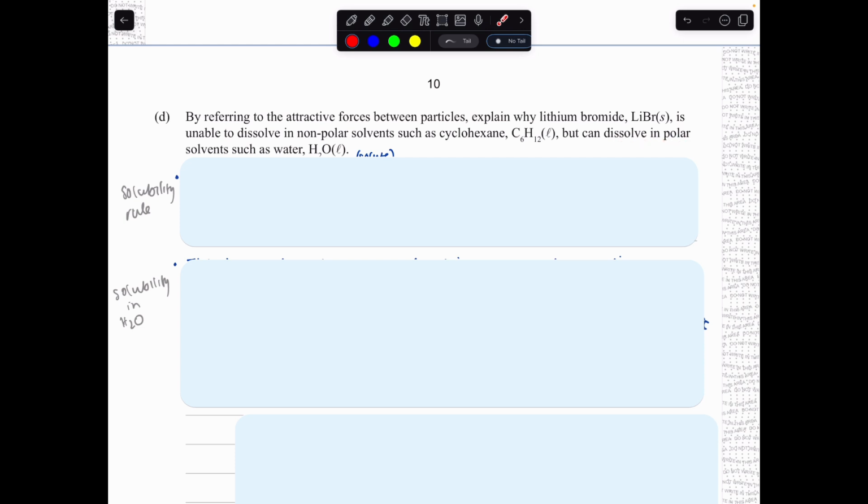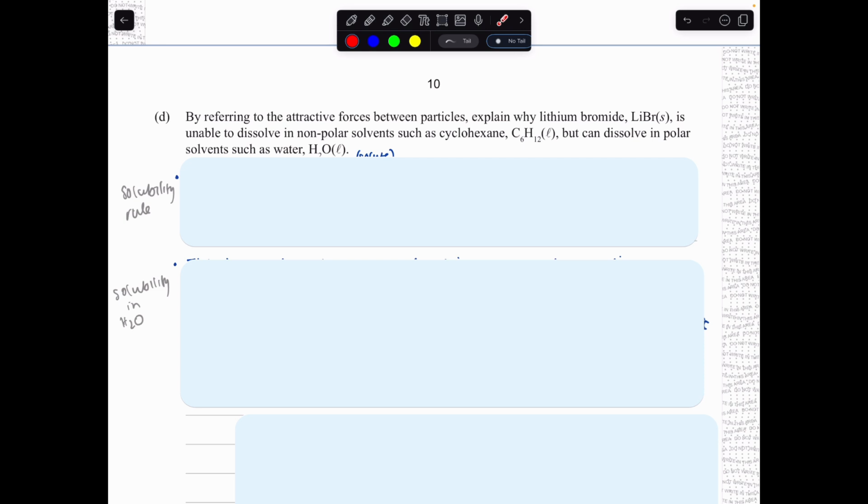Okay, so why can't lithium bromide dissolve in non-polar, but can dissolve in something that is polar? Well, remember, like dissolves in like. So, if lithium bromide is polar, it's not going to dissolve in something that is non-polar. It has to dissolve in something that is polar, such as water.